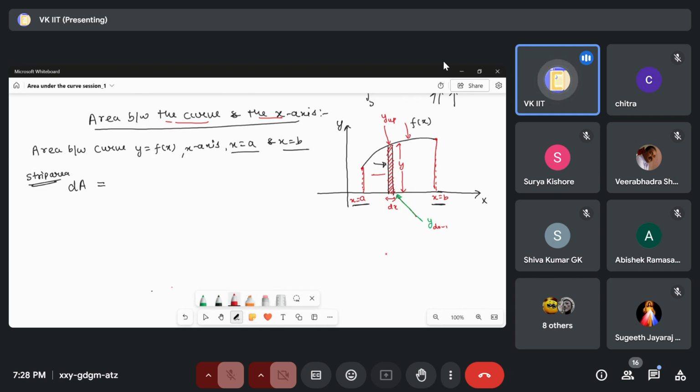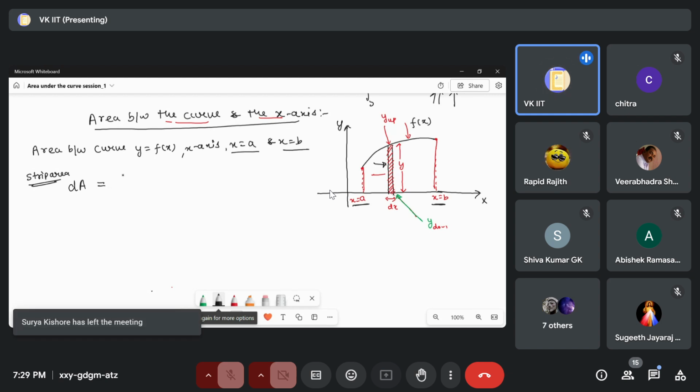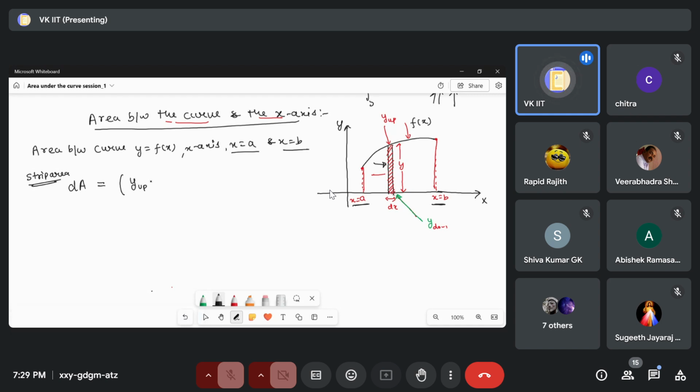Because this is varying from the axis, so this is the lower limit of that length and this is the upper limit of the length. And what is the actual length? Upper limit minus lower limit. Getting this point? Okay. So the same thing we are going to do here also. The area is nothing but the length into breadth, right? The length is y, which will be written as y up minus y down, into the breadth, which is dx.